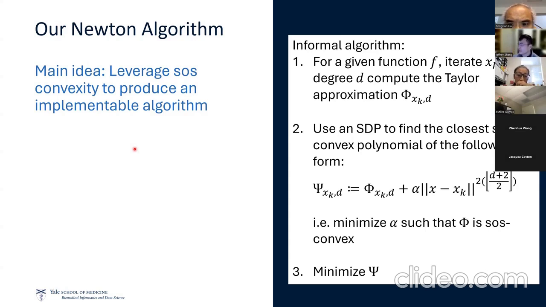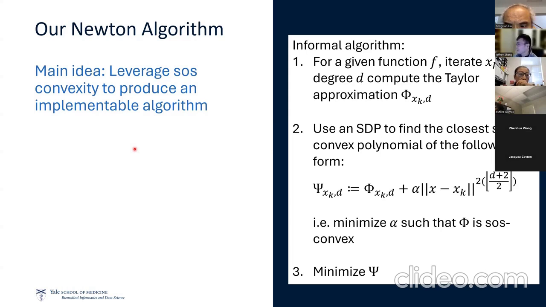Now, the idea behind using this regularization term is we want to make our approximation convex. What we do in our method is make this approximation SOS convex. The reason this is better is because, as I described previously, we can't detect convexity for high degree polynomials.